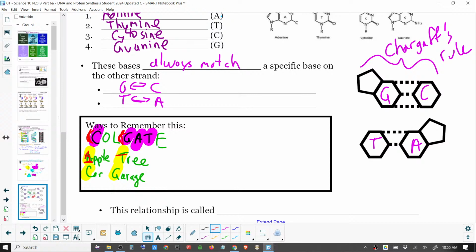The A would just sort of lean over to the T, and they would cuddle as well. They're cuddle buddies. That's literally how I remember it. Everybody didn't seem to think that was very useful. But if you want Mr. Neufield's method, cuddle buddies. Which doesn't help you at all, because that doesn't actually tell you how they're done. C goes with G, and A goes with T, obviously.